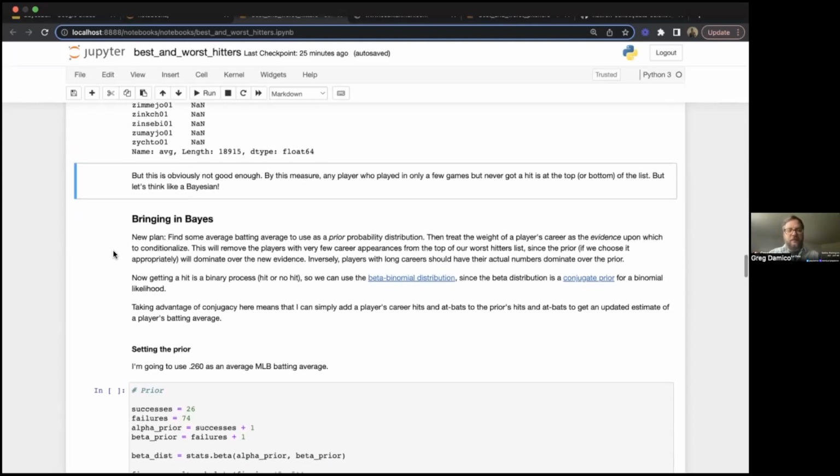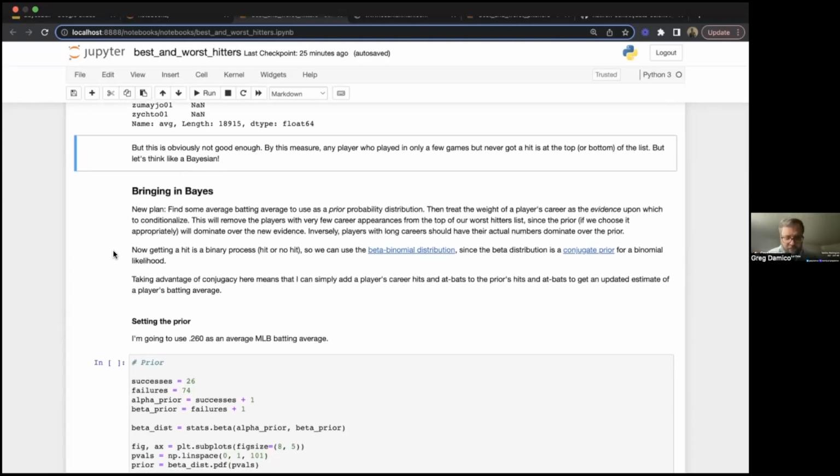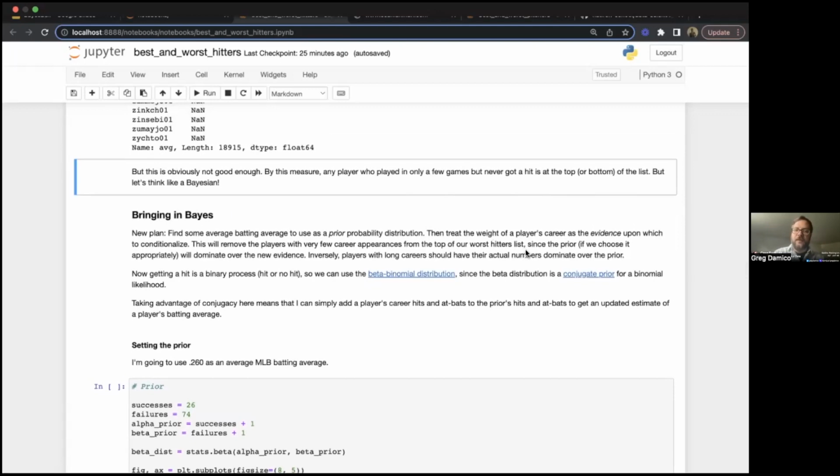Now, in this particular case, there's a really nice thing that happens. Getting a hit is a binary process. The player goes up to bat, and either the player gets a hit or doesn't. That means we can use what's called a beta binomial distribution. The beta distribution is a conjugate prior for a binomial likelihood.